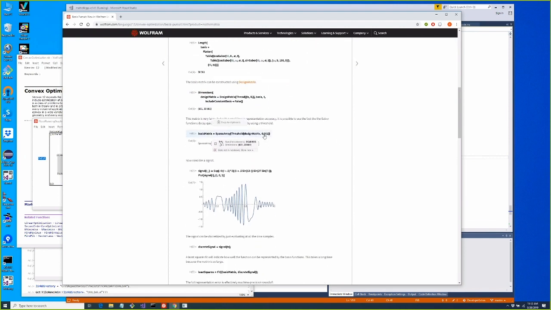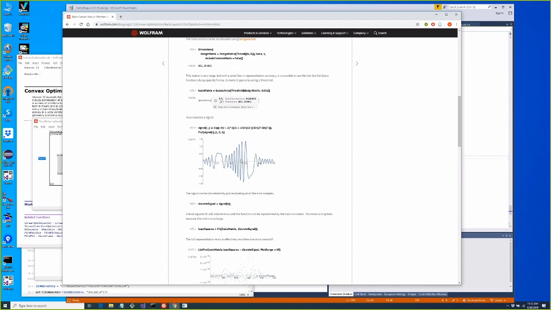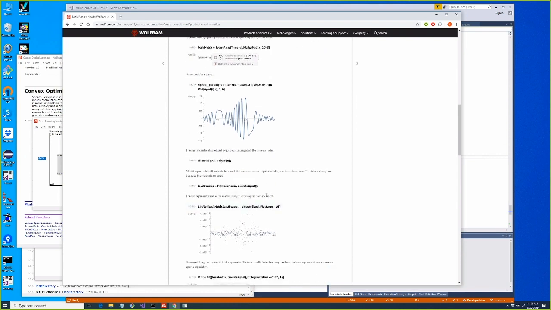We get a basis matrix, okay, which is a big matrix. So this is a 500 by 30,000 matrix with over 3.5 million elements that are non-zero. So that represents the basis as a matrix. Okay, so here's some signal which involves both some sort of smooth changes and then some sort of frequency underlying it. So that's going to be our discrete signal.